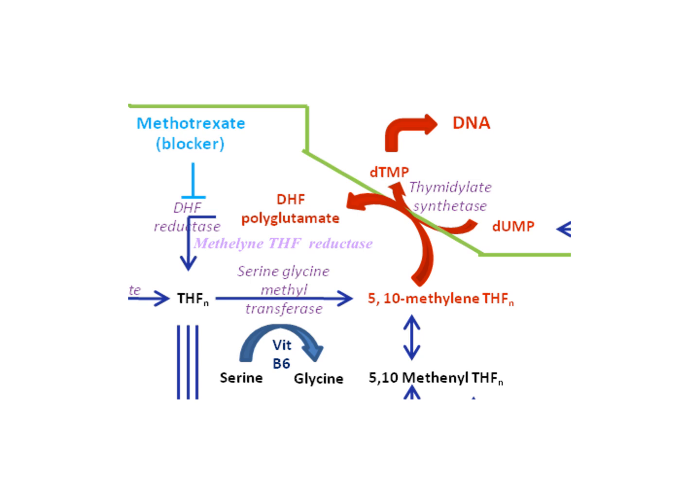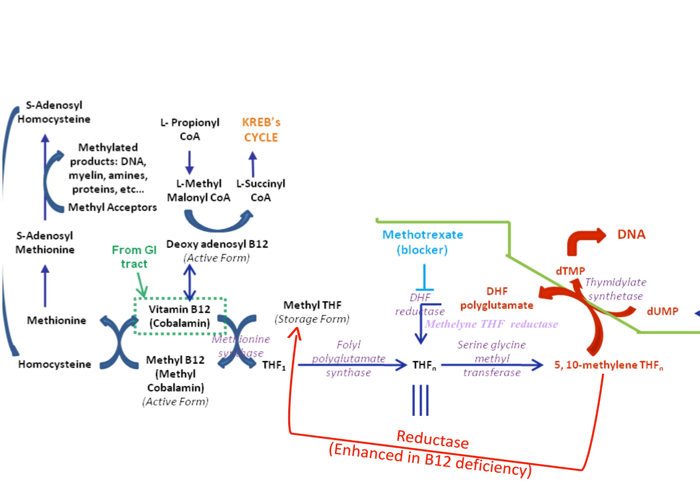By the same token, if you have a deficiency of vitamin B12, this again will prevent the conversion of methyl tetrahydrofolate to tetrahydrofolate, which is the precursor of tetrahydrofolate here. So either the deficiency of vitamin B12 or the deficiency of folic acid is going to interfere with the formation of 5,10-methylene tetrahydrofolate. And both of them are going to cause megaloblastic changes, megaloblastic anemia.